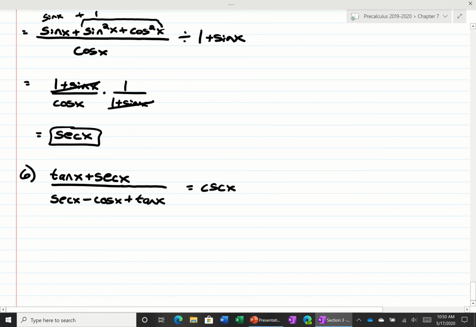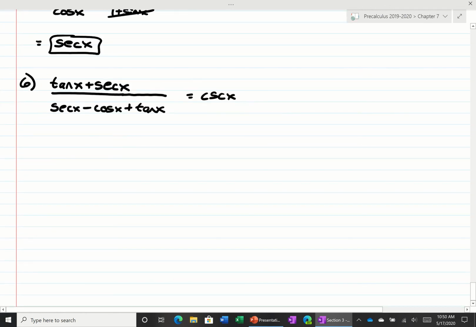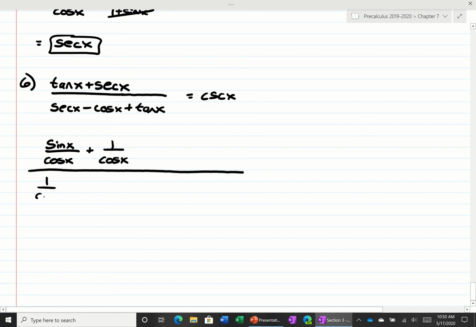One of those really thin necklaces that we have to untangle. First things first, let's convert to sines and cosines. So sine over cosine plus 1 over cosine. And we're dividing that whole top by 1 over cosine minus cosine plus sine over cosine.